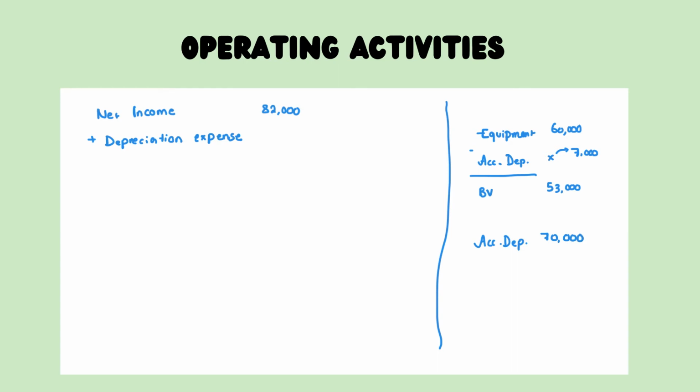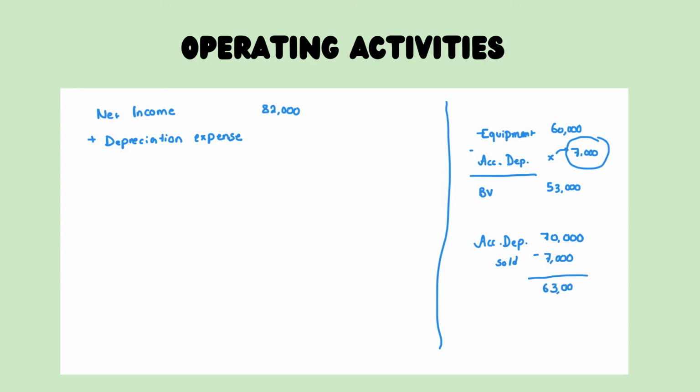So now when I get rid of an old equipment, I sell an old equipment, I need to remove the accumulated depreciation for this equipment. So I need to remove the 7,000 accumulated depreciation because it's sold. Okay, so it should be 63.